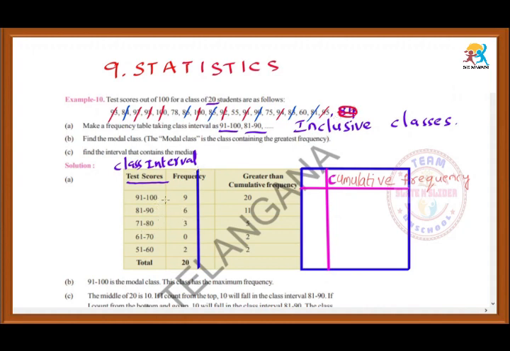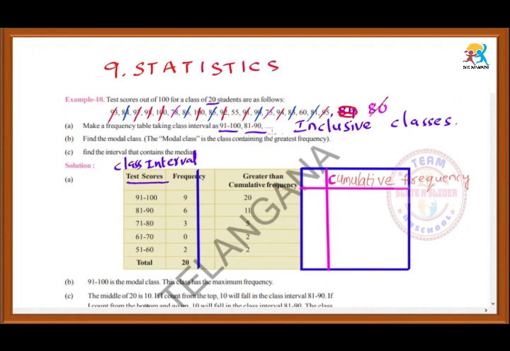And next one, 71 to 80. We will check this also. 71 to 80. 1, 2. Yes, 71 to 80. Suppose you take 80. Now the frequency will be equal.